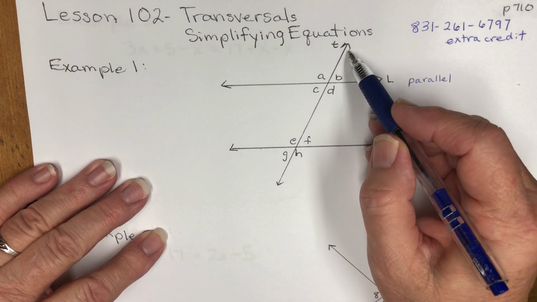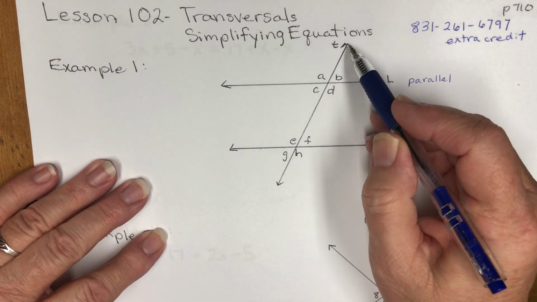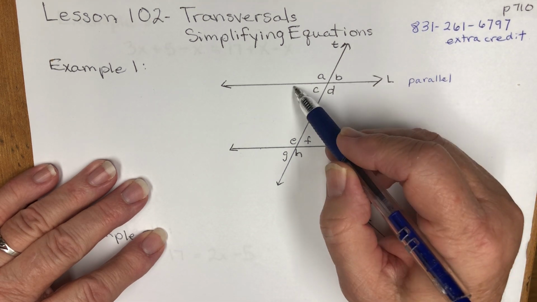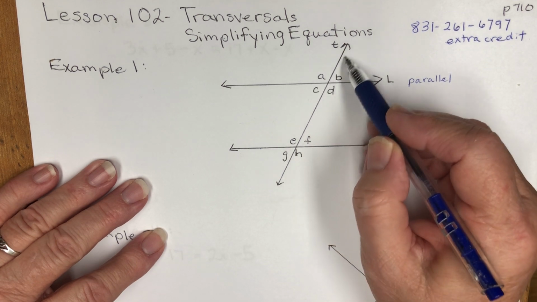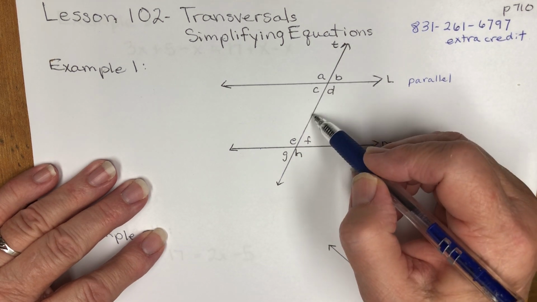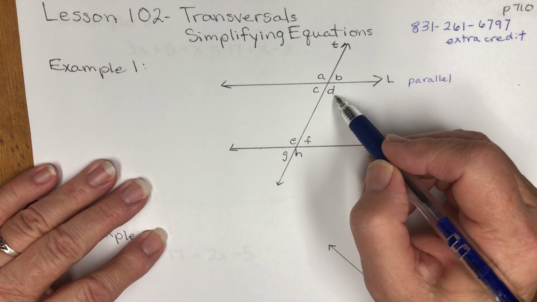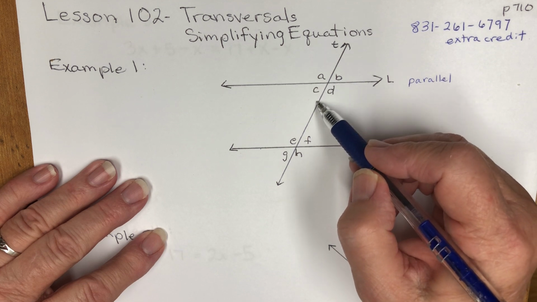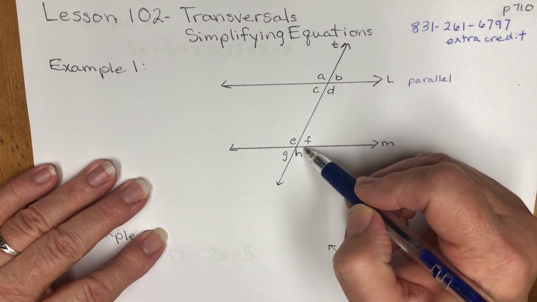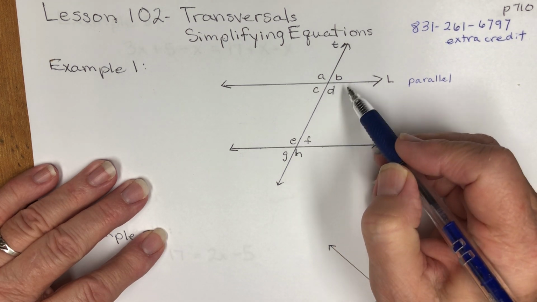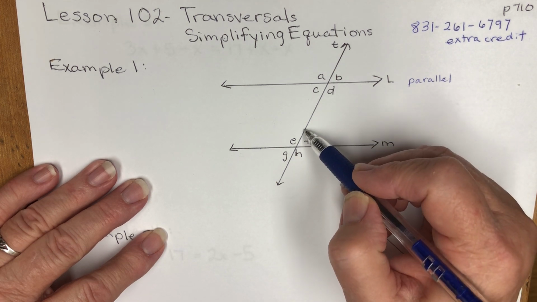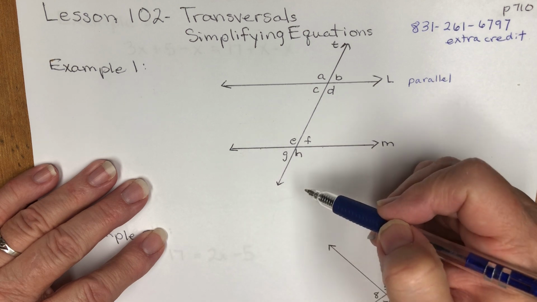So this is an acute angle, B is an acute angle, and it is the very same angle as C. It's the exact same measurement. Angle A is an obtuse angle, and it has the same measurement as angle D. Coming over here, angle C, which is acute, is the same as angle F, which is acute. And angle D, which is obtuse, is the same as angle E, which is obtuse.